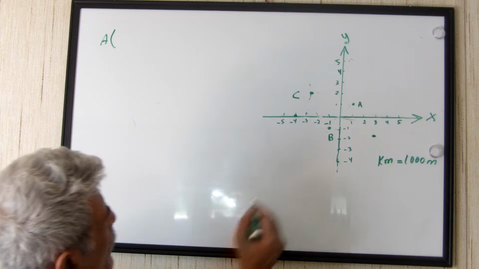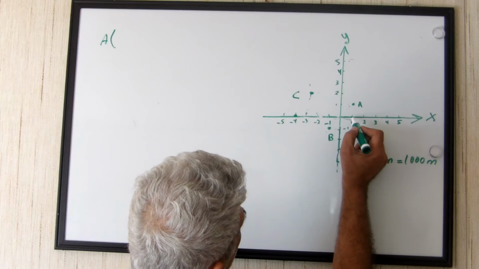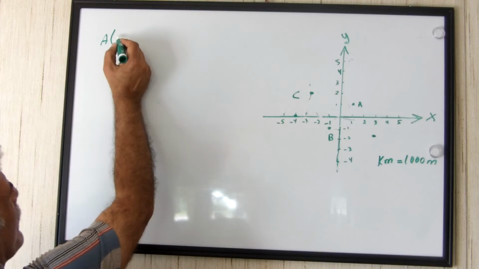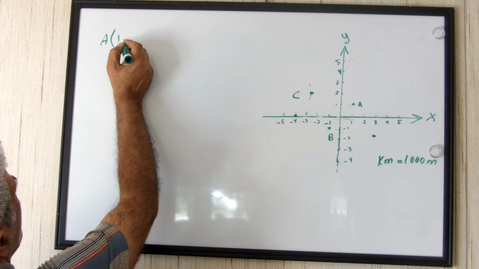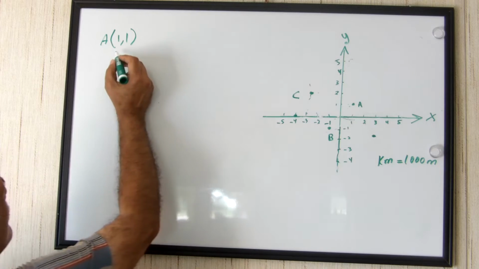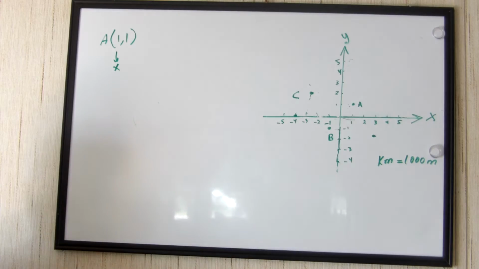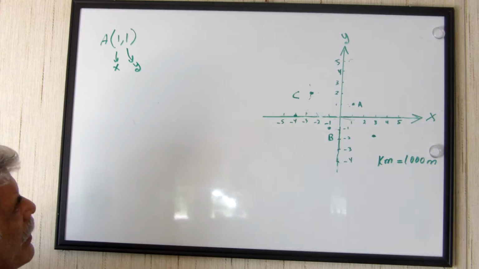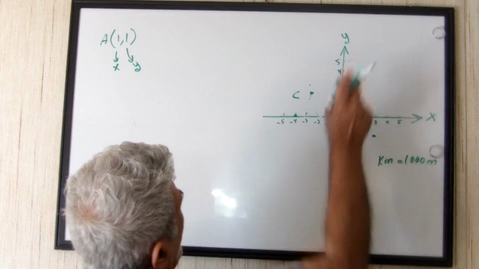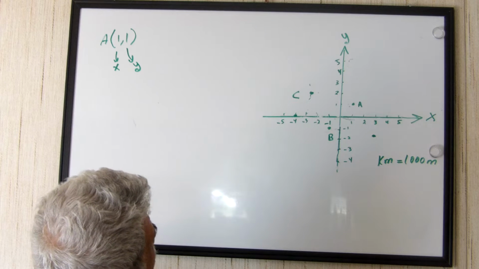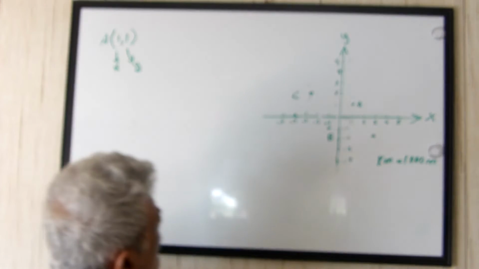We know that it's 1x, 1y for A. The x coordinate is 1 and the y coordinate is 1. This is x, and this is y. X is the horizontal axis, and y is the vertical axis.